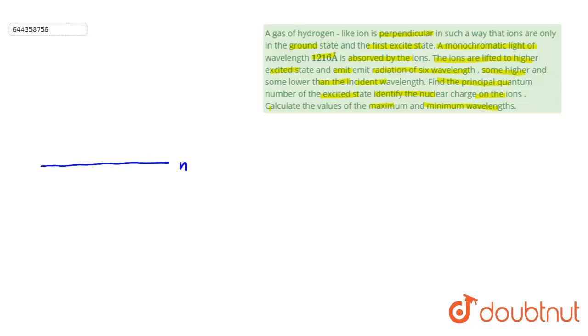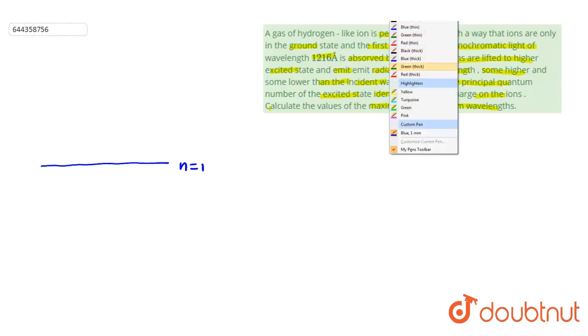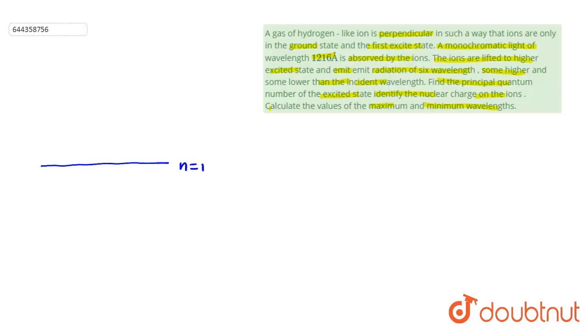Suppose this is n is equal to 1, and this is n is equal to 2 state, and this one is n is equal to 3, and this one is n is equal to 4.